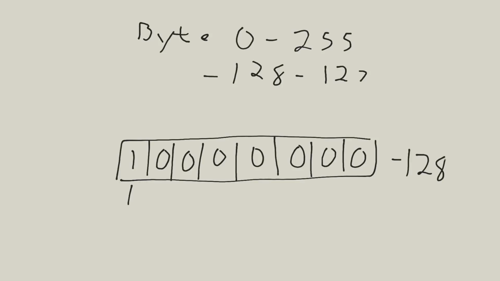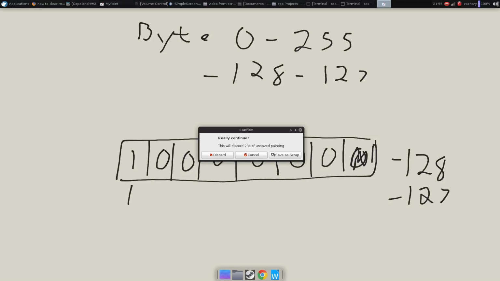And then if we add another 1, we have negative 127. So this is odd for a couple of reasons. We start at 127, and then we add 1, and it's equal to negative 128. I mean, that just can't be right.